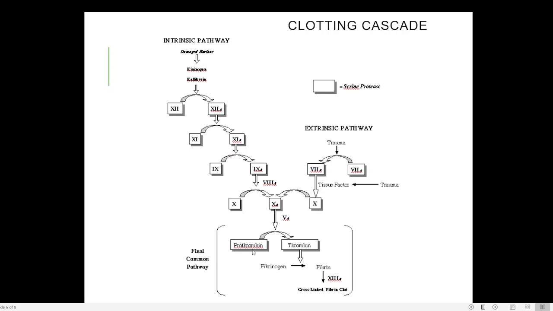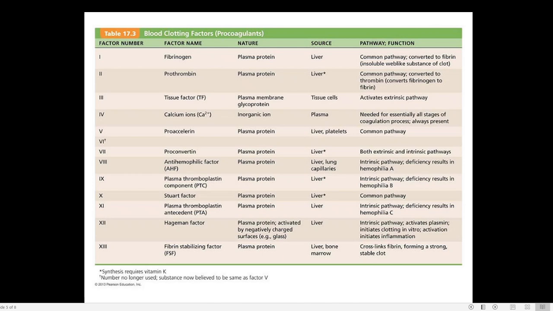In order for prothrombin to get converted into thrombin, one factor is needed, known by the name Stewart factor. Here you can find 10A, the activated form. There are different types of clotting factors in blood. I will show you the picture of these clotting factors, numbered 1 to 30.